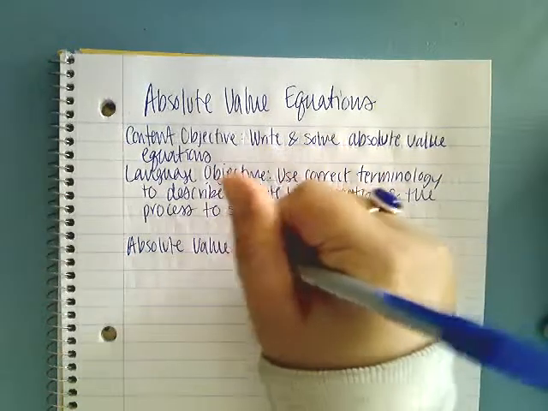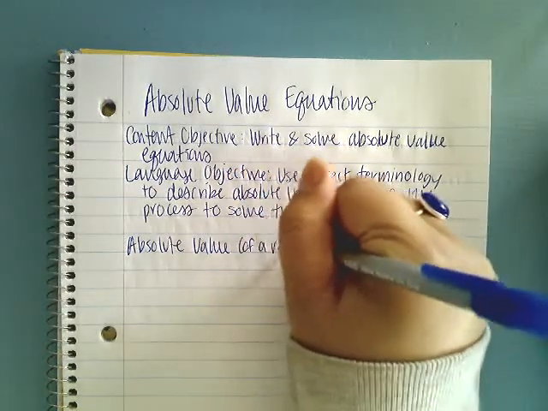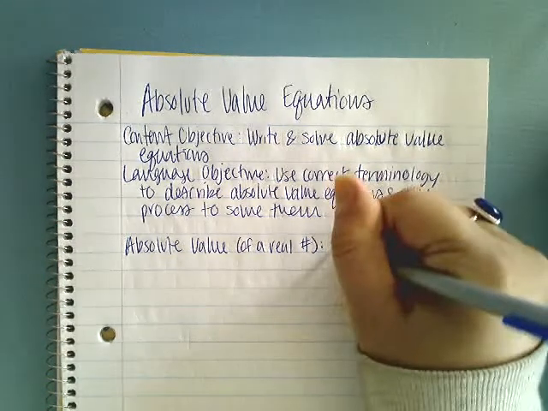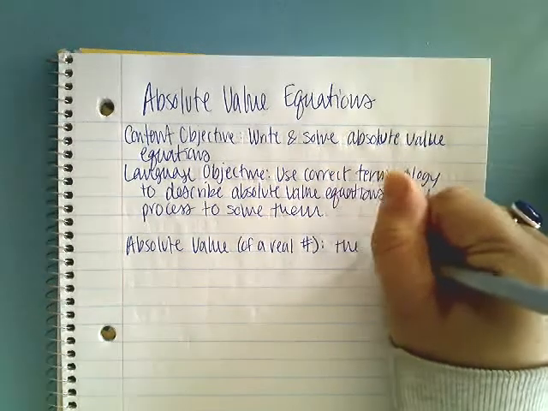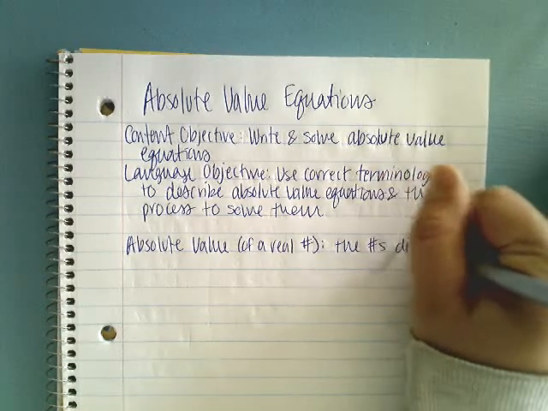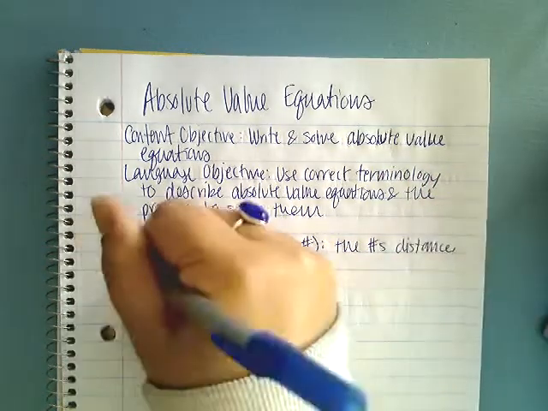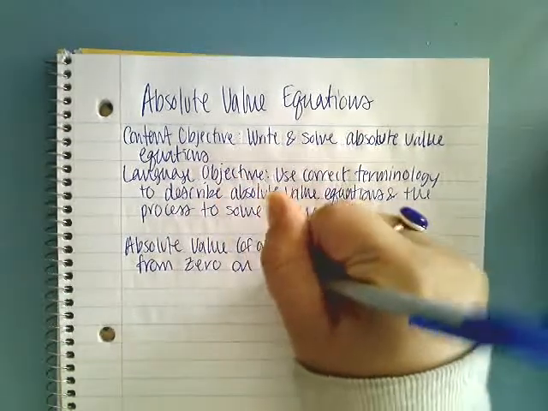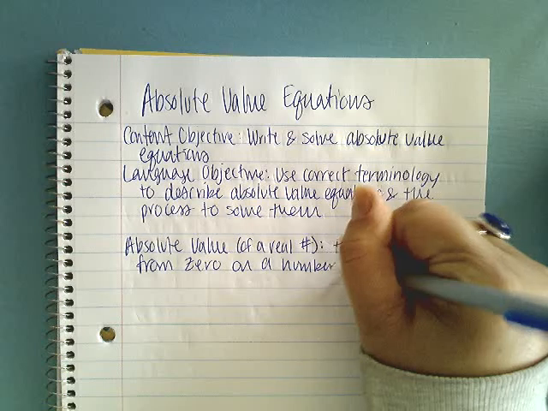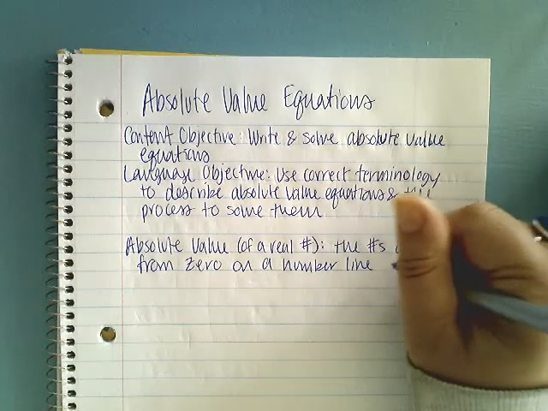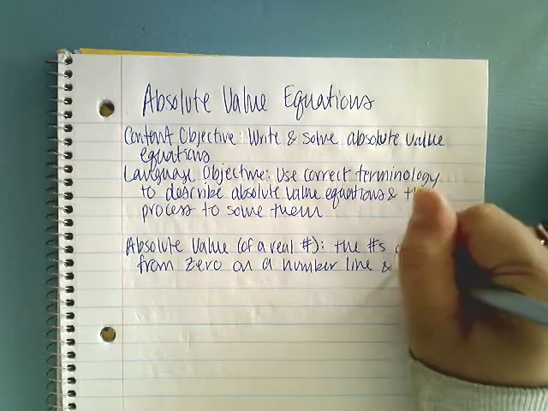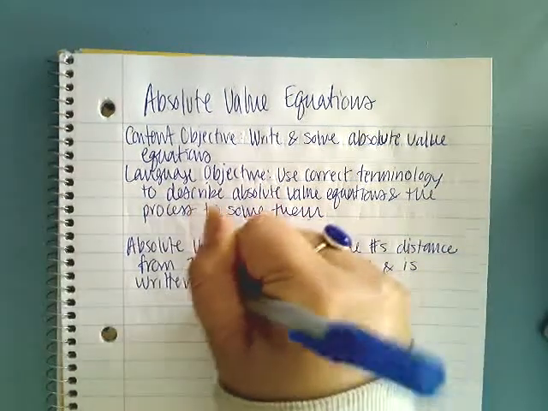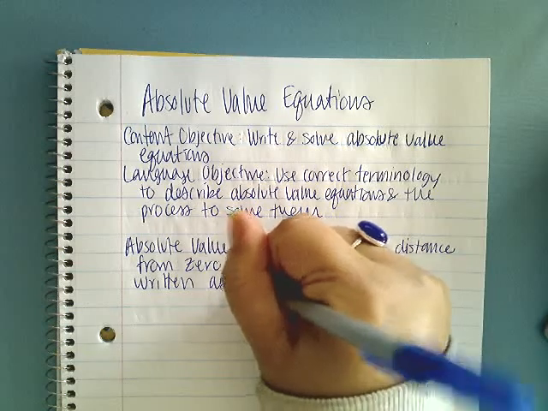So I believe you guys have seen this before, but we're going to talk about absolute value of a real number. And that is the number's distance from 0 on a number line, and it is written as the absolute value.